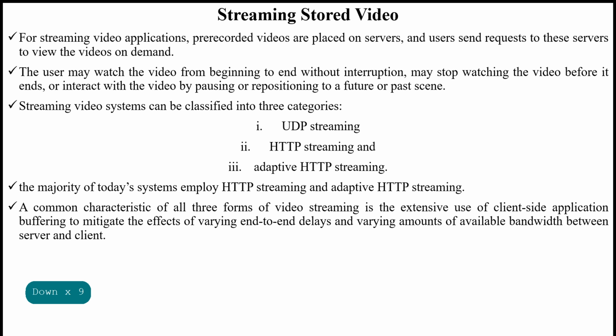A common characteristic of all three forms of video streaming is the extensive use of client-side application buffering to mitigate the effects of varying end-to-end delays and varying amounts of available bandwidth between server and client.